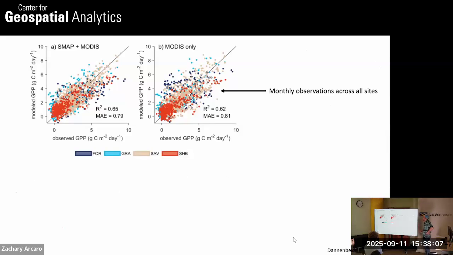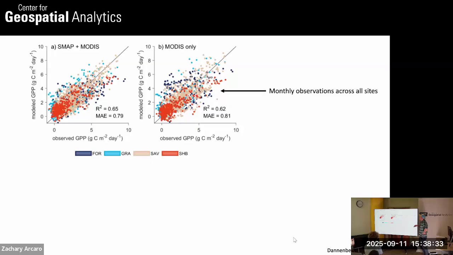Across all sites, I'll quickly show some validation results. Here we're showing observed gross primary production versus the modeled. And again, these are all based on cases where each site was left out of the calibration. Basically, we found that we're picking up about 60 to 65% of the variance in gross primary production. That might not sound super impressive, but it's better than a lot of other products.